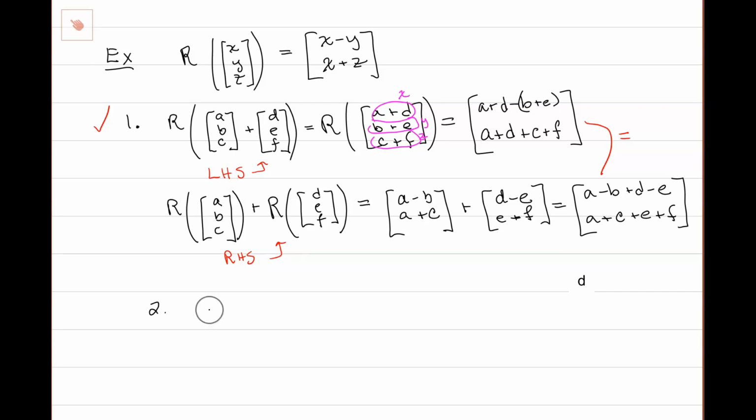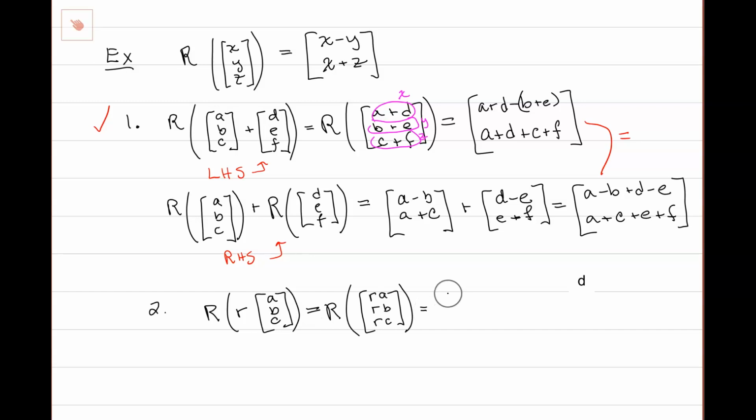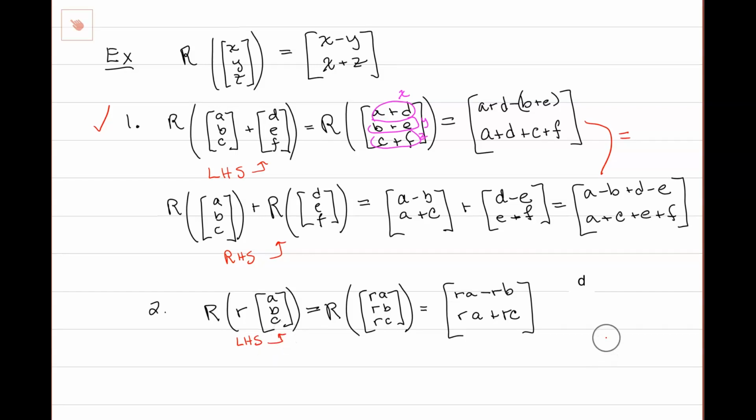So for our second condition, here's our left-hand side. And first we'll compute the scalar multiple inside. And the image of that under this transformation is this. And again, that's our left-hand side. And we need to check to make sure that it's equal to the right-hand side of that condition.